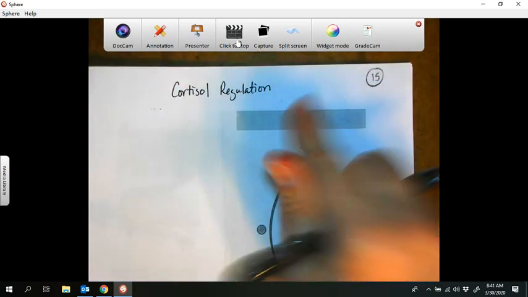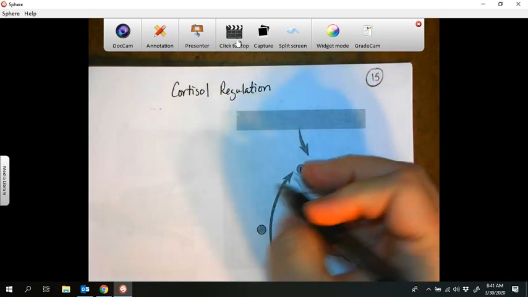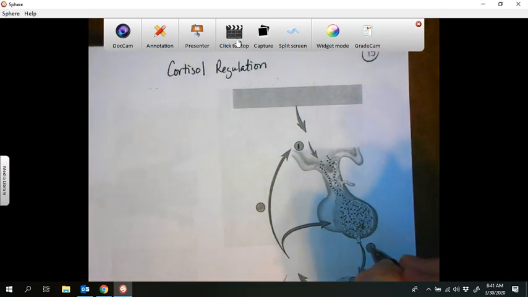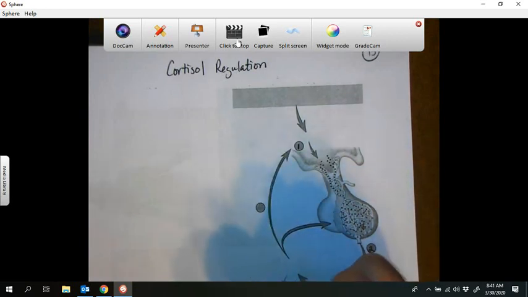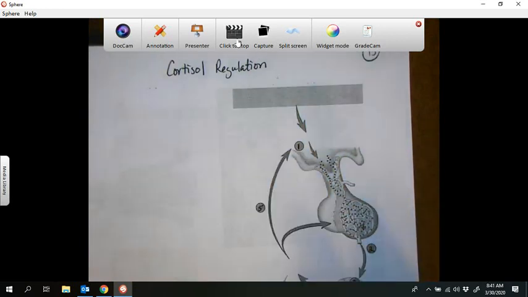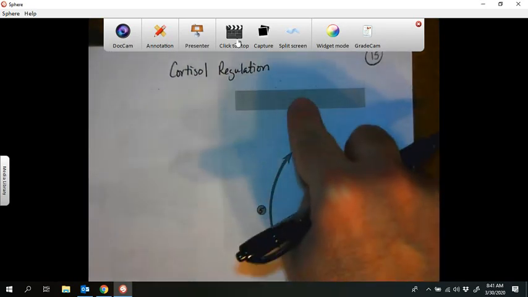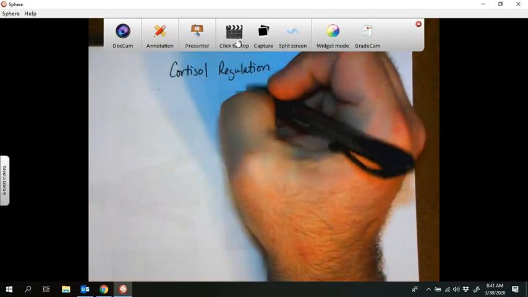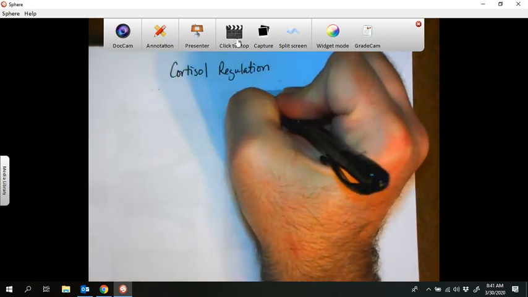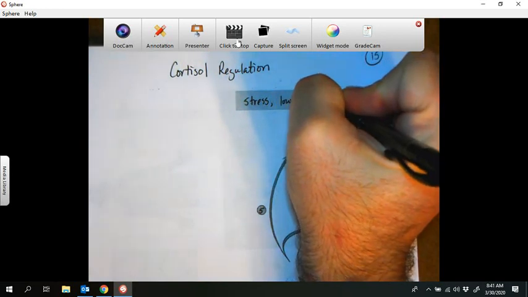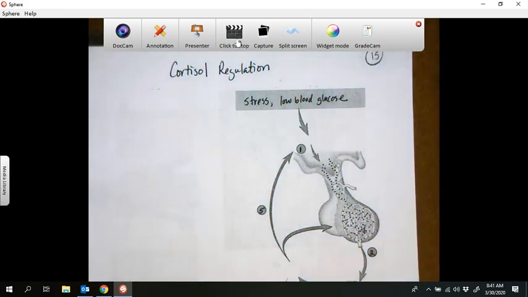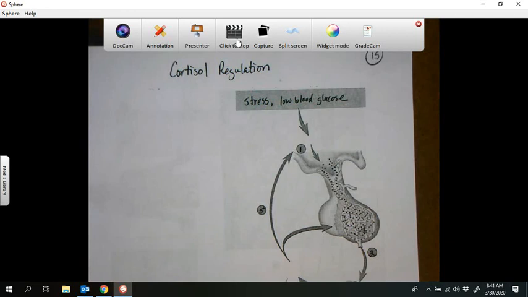The first thing that we're going to do is number these 1, 2, 3, 4, and 5. Our stimulus up here is stress and low blood glucose. Either one or a combination can start this.